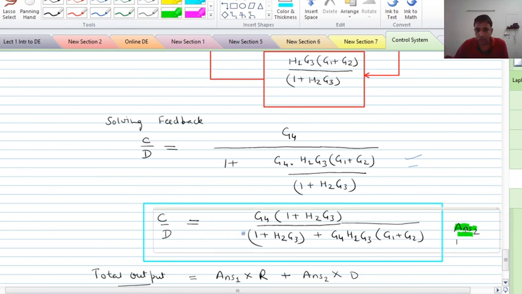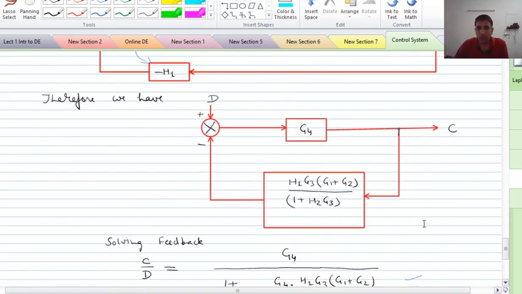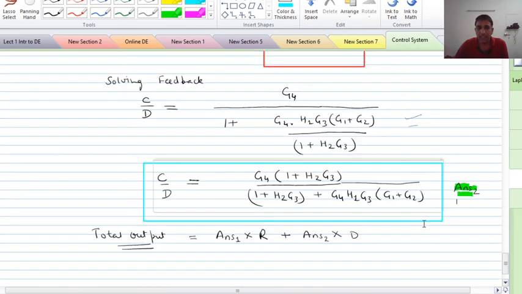answer 2. Now, what about the combined effect of both R and D?